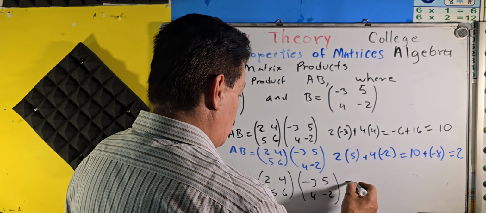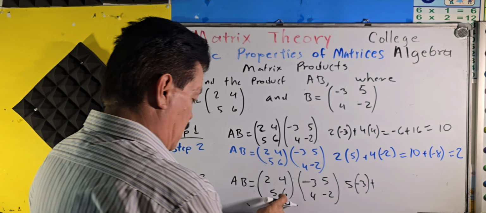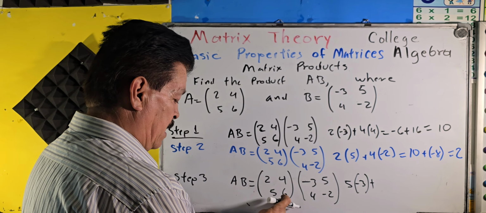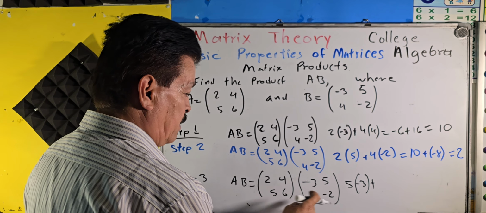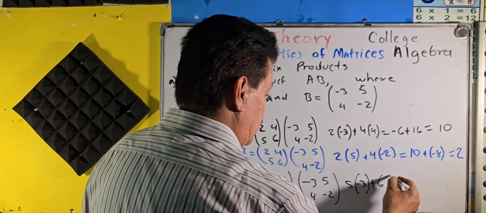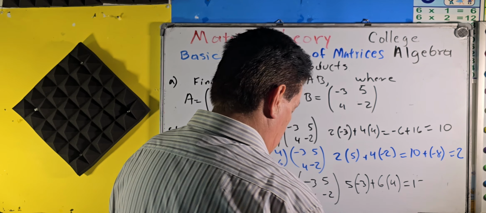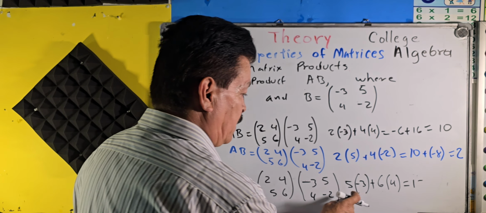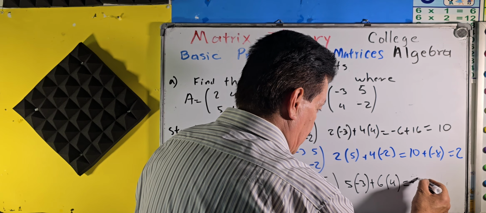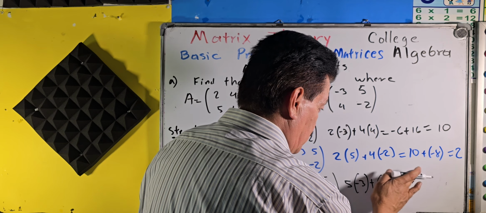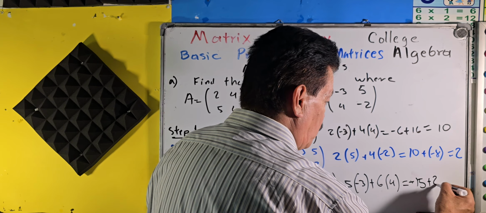So 5 times negative 3 plus 6 times 4. 5 times 3 is 15, so negative 15 plus 24, since 6 times 4 is 24.